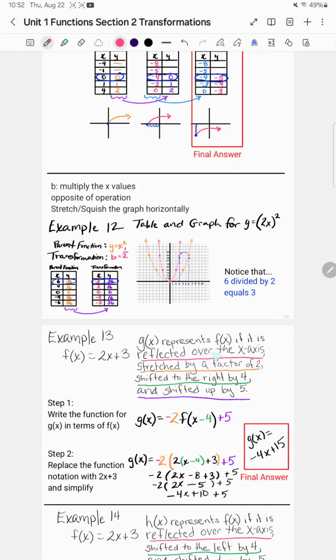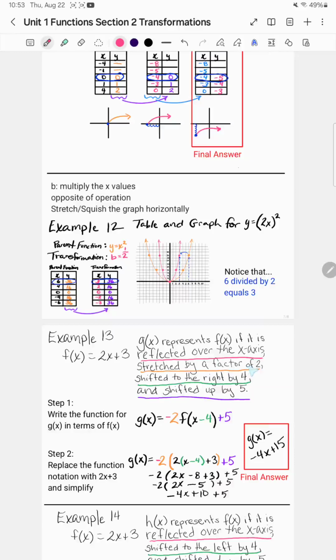Okay, so reflected over the x-axis, you can see that it matches the color here in pink, so that negative there came from that description. The next description says it's stretched by a factor of 2. When it says stretched or squished, the stretching is a. That's what a does in those notes we have at the top of the first page.